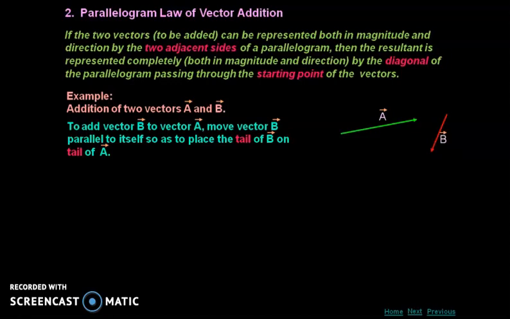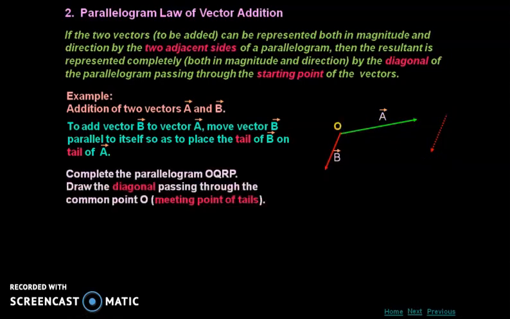Like you can see in the diagram that the A vector and B vector are given to you. They are tail to tail, like this. Now we will draw a vector parallel to the B vector from the head of A. Like you can see in the diagram, this is the OR vector. Now this is the RP vector.